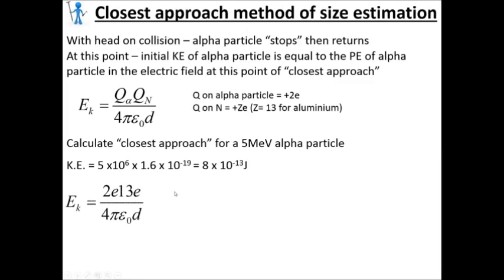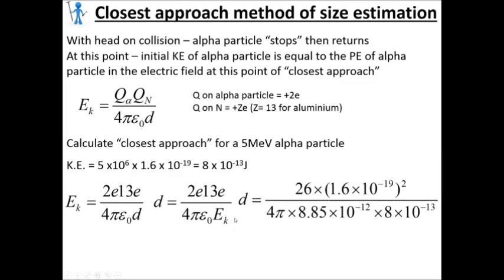So using the formula again, I've just put some numbers in. The charge on the alpha particle is 2 times the charge on an electron, 1.6 times 10 to the minus 19. The charge on the aluminium is 13 times 1.6 times 10 to the minus 19. We've got all the others in, 4 pi epsilon naught, and D. Here I've just rearranged this. We want to work out D, so I've brought D up here and divided through by the kinetic energy. Now I can put some more numbers in.